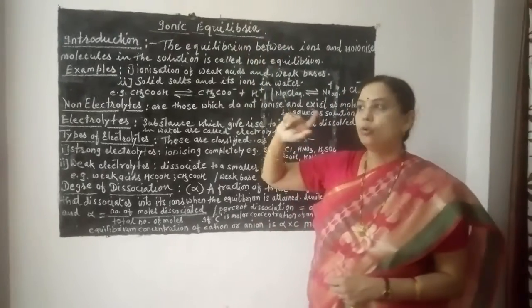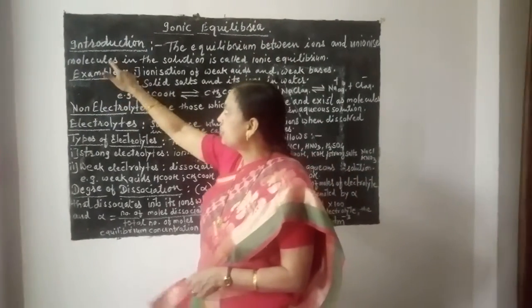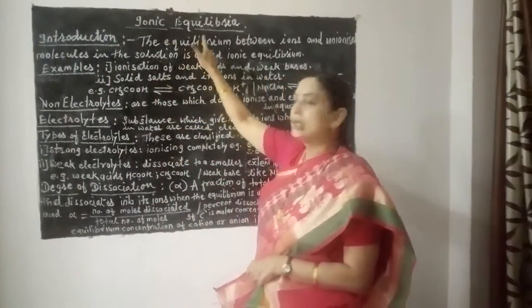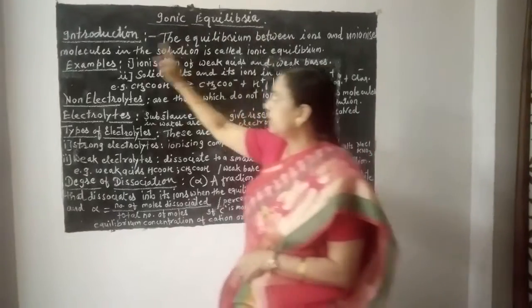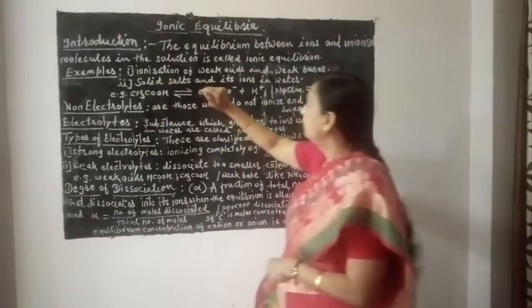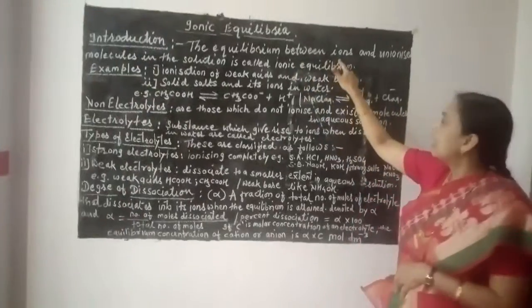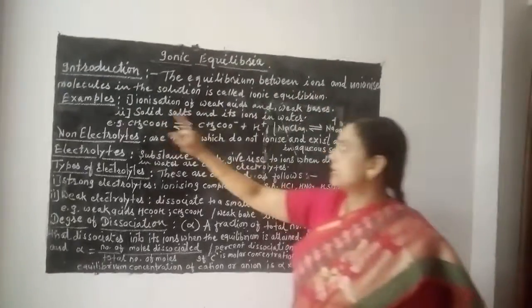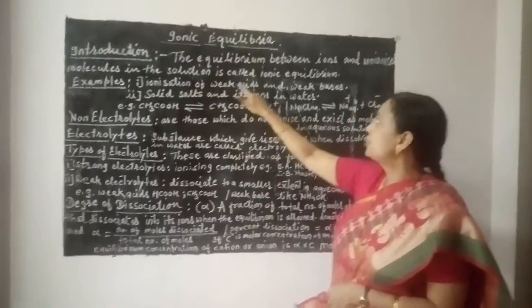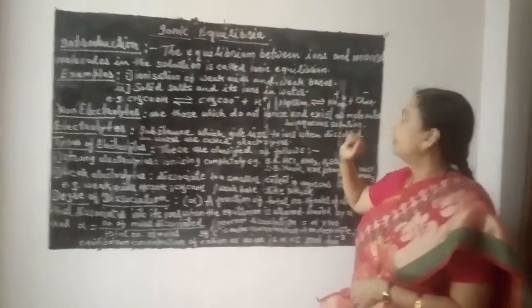And now we are going to be introduced to the chapter ionic equilibrium. See here in the introduction, the equilibrium between ions and unionized molecules in the solution is called ionic equilibrium.